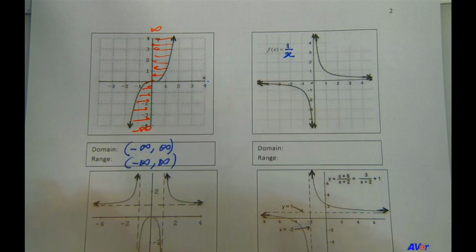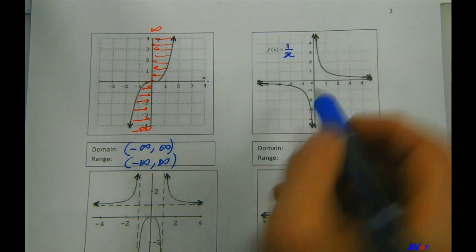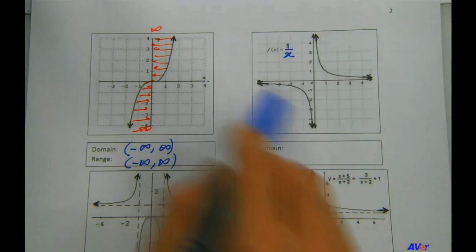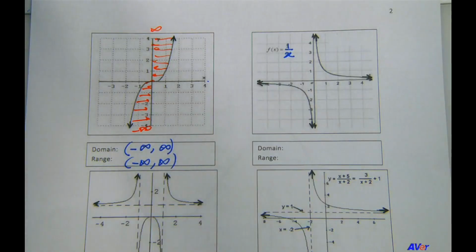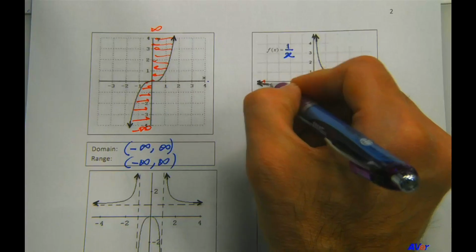You write the domain for one piece, then union the domain for the other piece. So just looking at this piece, force your eyes to look at the behavior of this graph with respect to the x-axis.